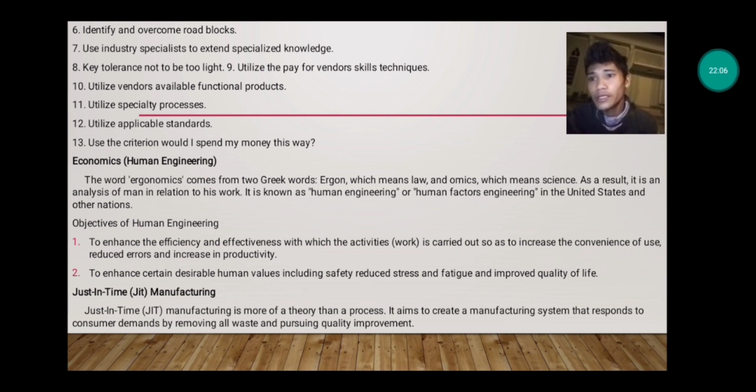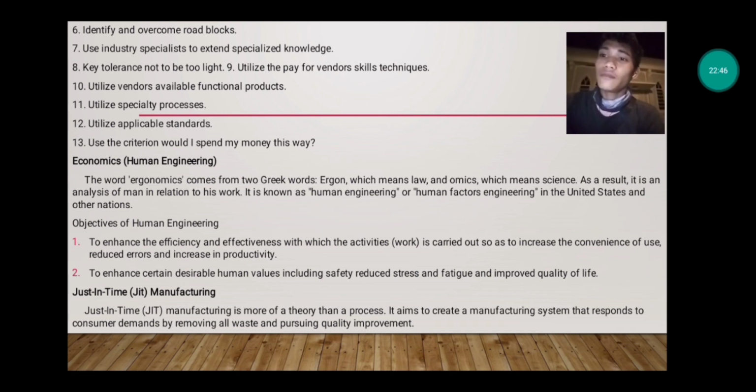Objectives of human engineering: first, to enhance the efficiency and effectiveness with which the work is carried out, so as to increase convenience of use, reduce error, and increase productivity. Second, to enhance certain desirable human values including safety, reduced stress and fatigue, and improved quality of life.